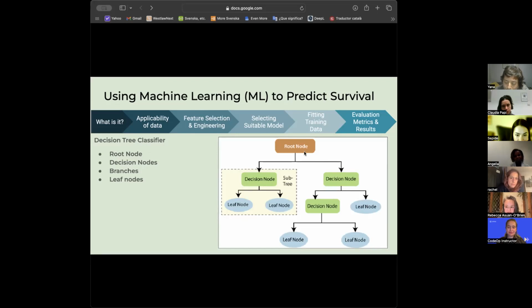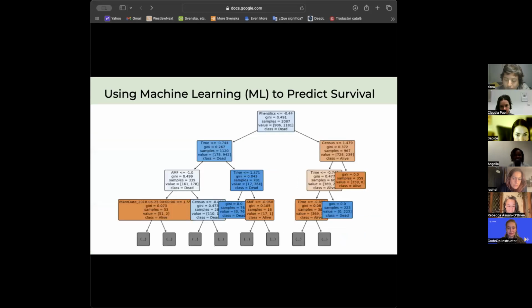This root node here, which is at the top, represents the entire data set. So in our case, after we had done all of the cleaning and the pre-processing and had narrowed down the features that we wanted to include, that was there in our root node. Each of these little decision nodes provide the individual decisions. The branches connect the decisions, and then eventually these leaf nodes at the end represent the predicted outcomes for, in our case, whether the seedlings were alive or dead.